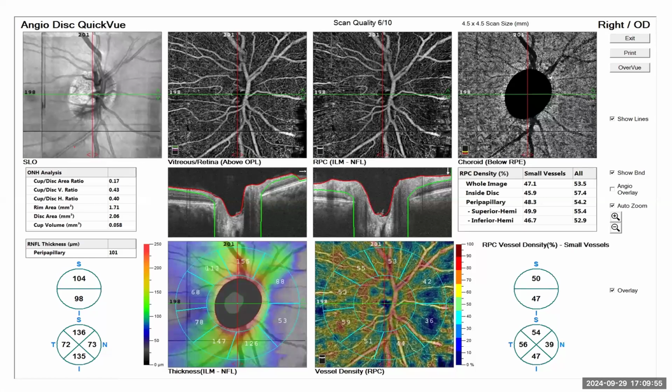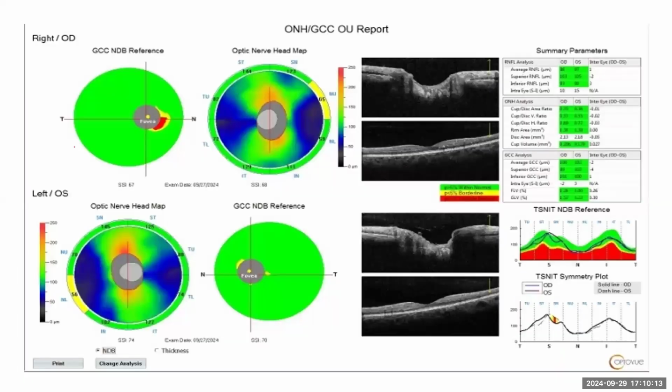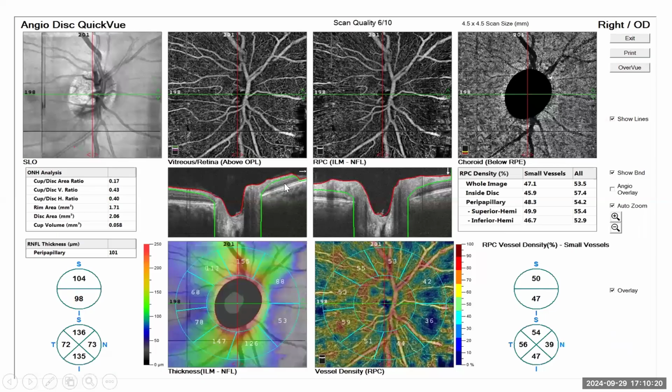Now, if this patient is a young patient with a family history of glaucoma, and I'm seeing this patient at this time, and I see this result, all is not well, even though the nerve fiber layer thickness here looks good. This scan is for the right eye.